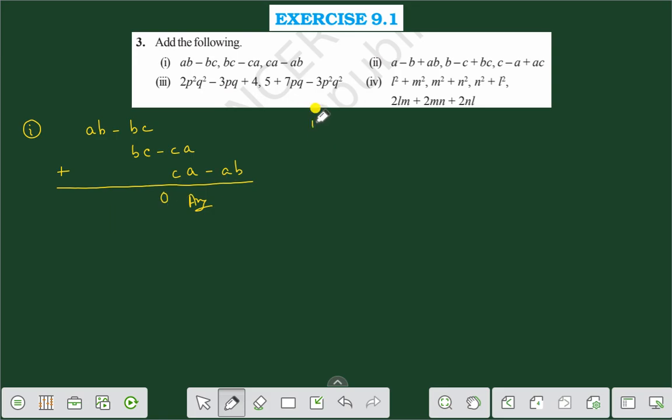Now question number 2. We are adding A minus B plus AB, and B minus C plus BC.